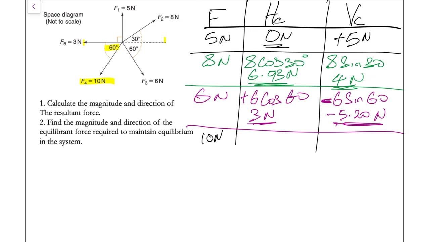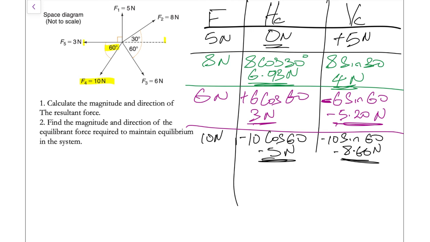So that means because it's going to the left, the horizontal component will be a negative. So that's negative 10 cos 60. And when we put negative 10 cos 60, we get negative 5. And over here is just negative 10 sin 60. And put that in, we get negative 8.66 newtons. So that's our values there.